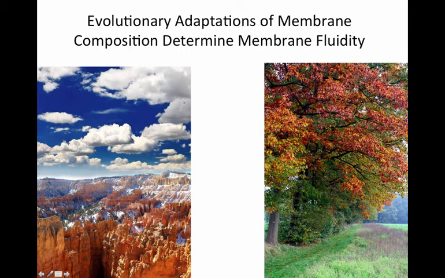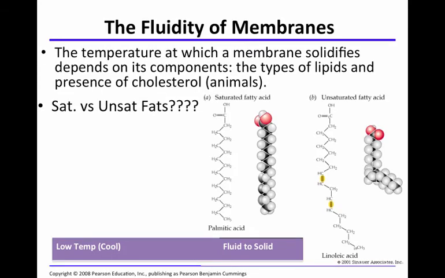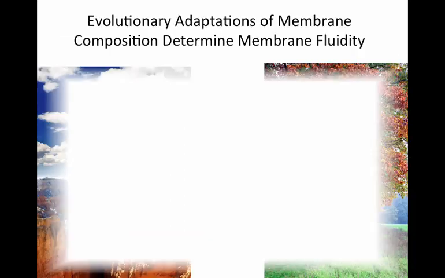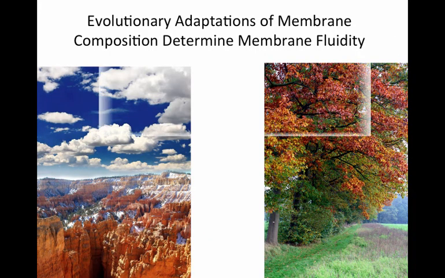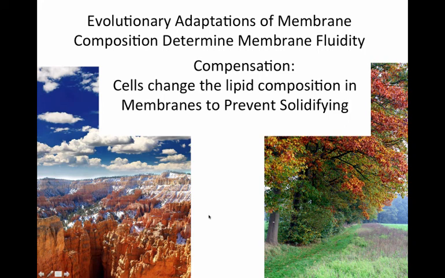We know that in cool temperatures a membrane will shift from a fluid to a solid state, and we spoke earlier about the fact that in a solid state, the enzymes don't function if they're frozen solid. So the membranes have to adapt somehow. How do they do that? They compensate, of course, because living things compensate.